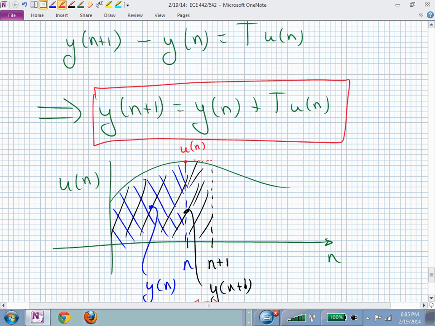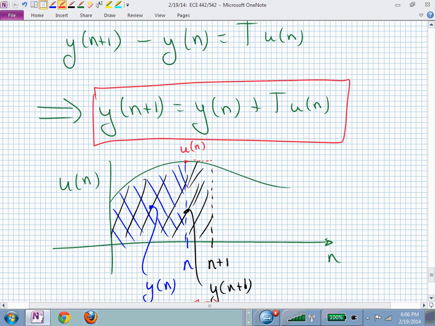If somebody gives you a u of n, you can sample that u of n every capital T units of time and use each of those to form this area under that curve just by using that first order difference equation.